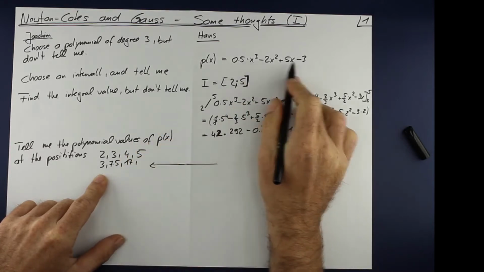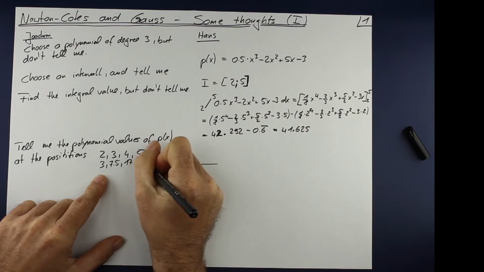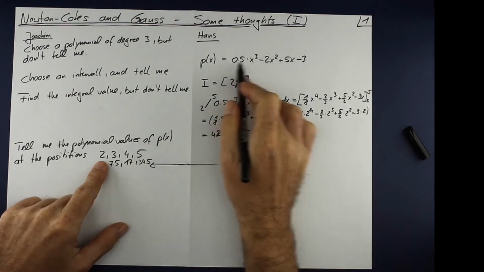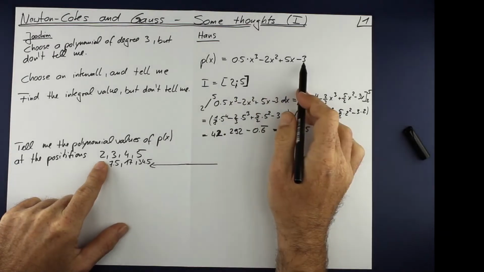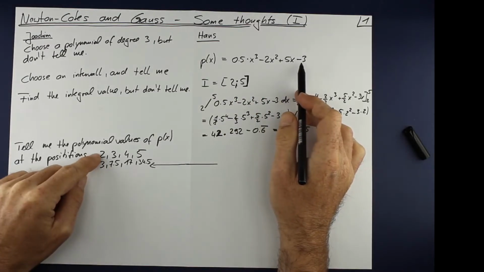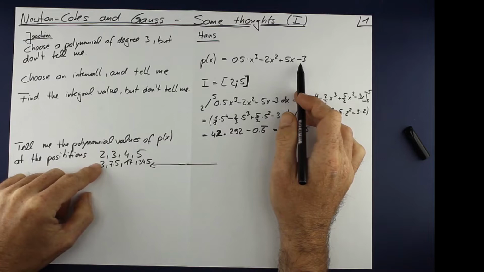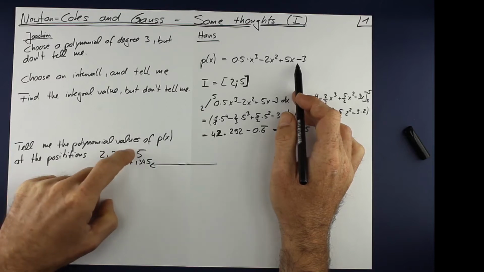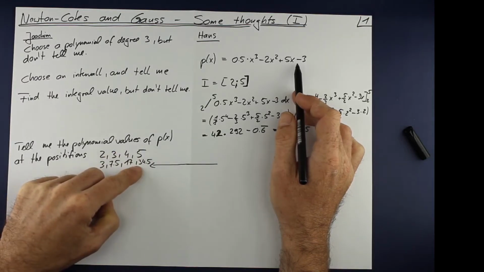And for 5 you get 34.5. And now, knowing these values, I don't know the polynomial. I only know if input is 2, output is 3. If input is 3, output is 7.5. If input is 4, output is 17. If input is 5, output is 34.5.